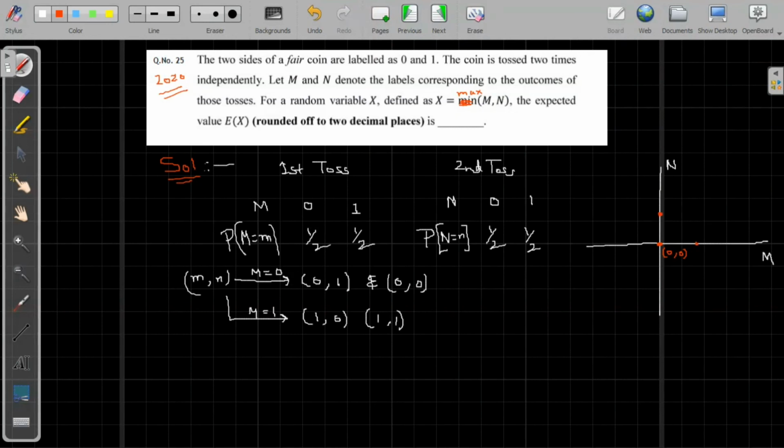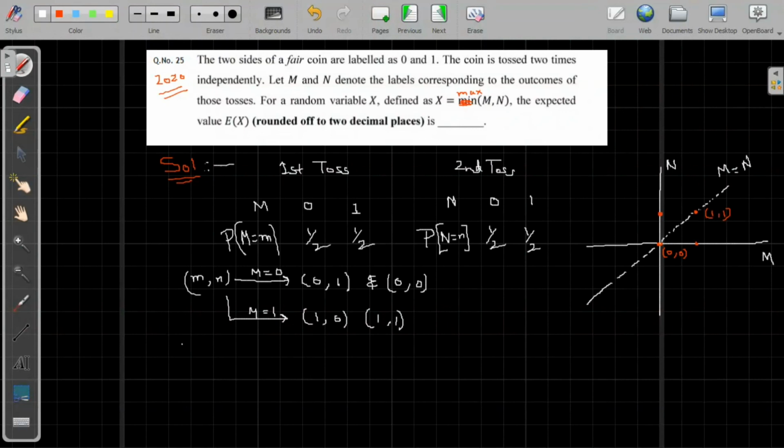This point will be 0 comma 1 point, and the last point will be 1 comma 1 point, and this will lie on our m is equal to n line. So this is our m is equal to n line, and 0 0 and 1 1 will lie here.